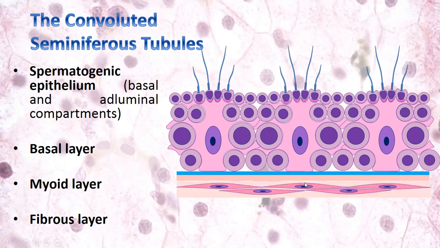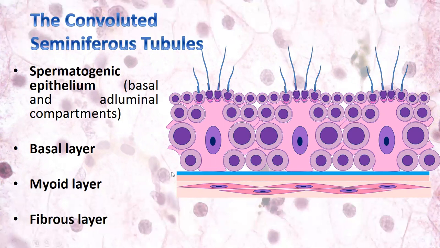The next layer is the myoid layer. It contains cells which are alike smooth myocytes, and in some textbooks you can find that they are exactly smooth myocytes, but most histologists consider them connective tissue cells which are very close to myocytes, but they aren't smooth myocytes.